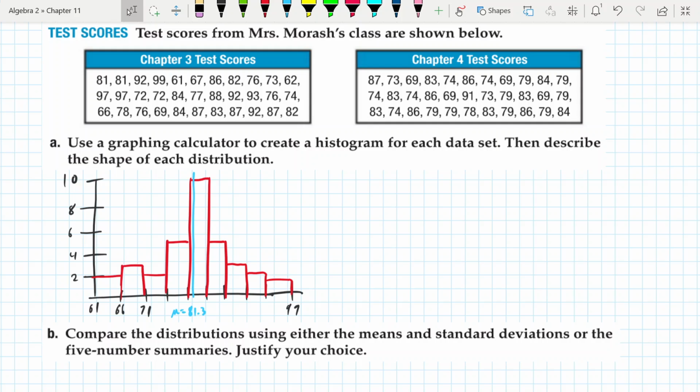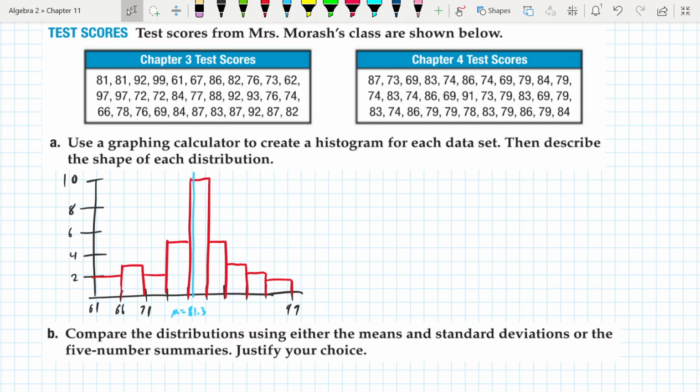And to save time, so you don't have to see me draw out another one of those in real time, I'm going to just copy and paste the next one in. Let's see here.